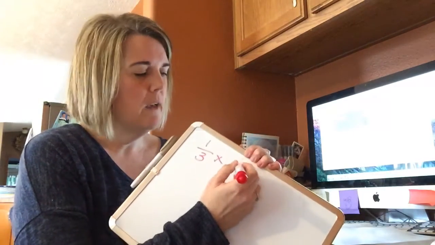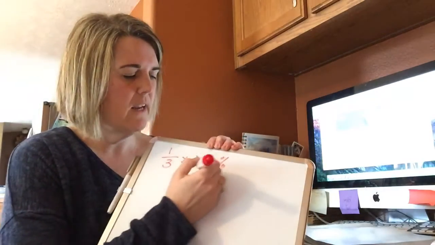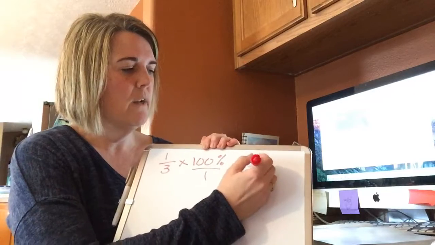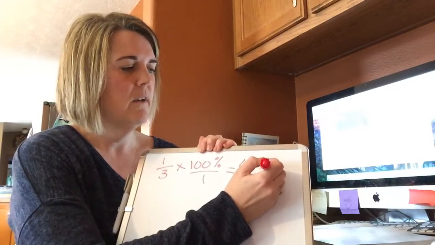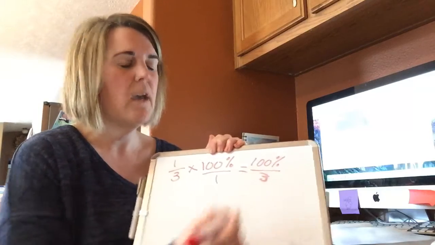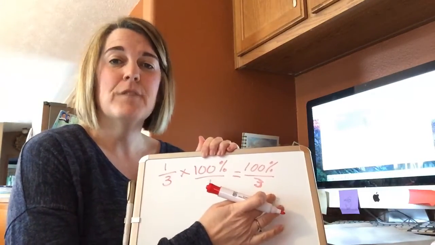So multiply by 100%, and we're going to put this over 1. That's going to get us 100% all over 3. Okay, so now we know this is a division problem.